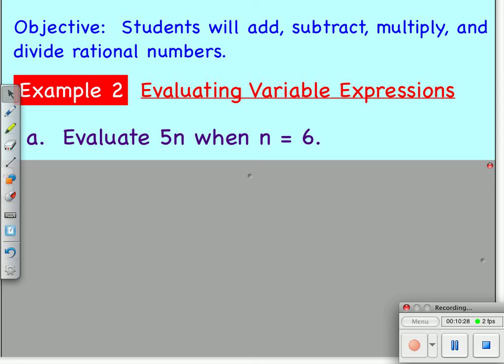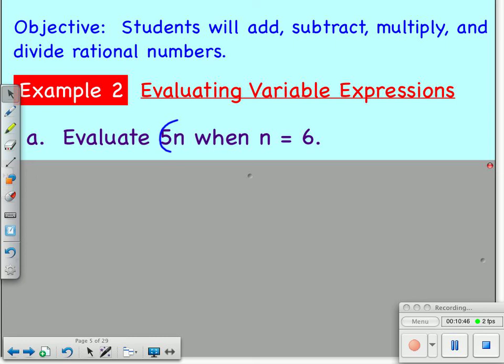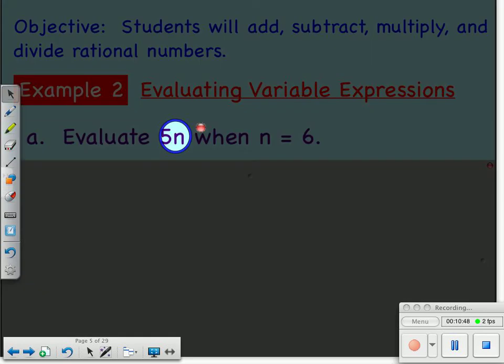And now we will move on to solving this. A couple things I want to point out here. 5n. Let me get my marker out because I want you to focus on this. Make sure you're paying special attention to that 5n there, okay?